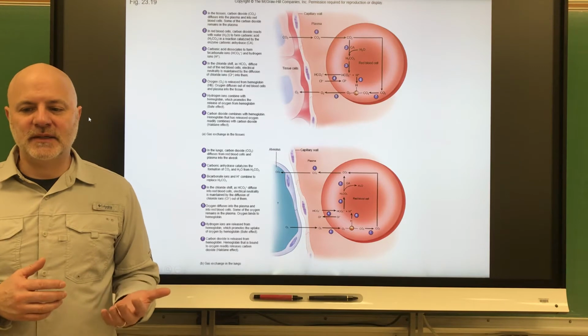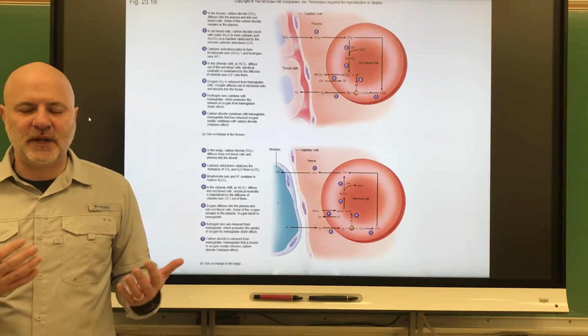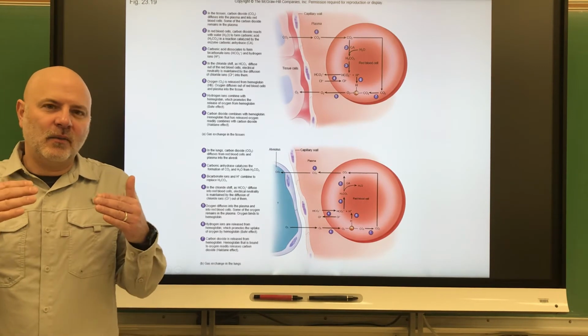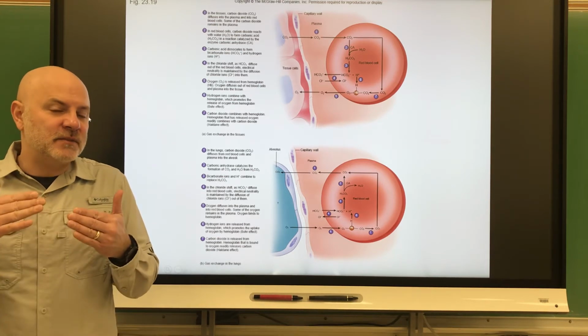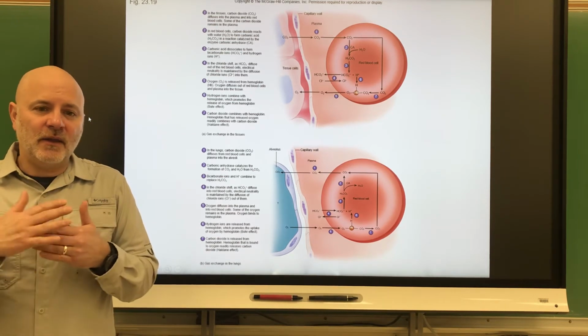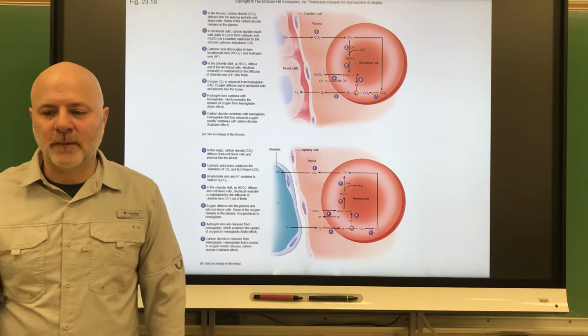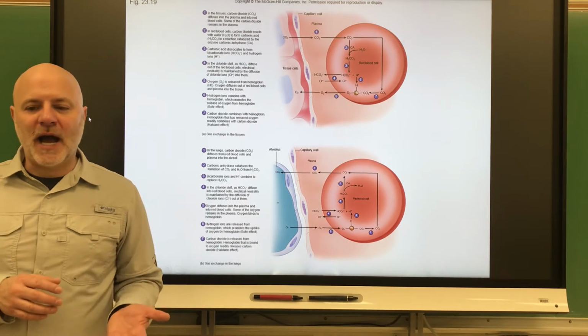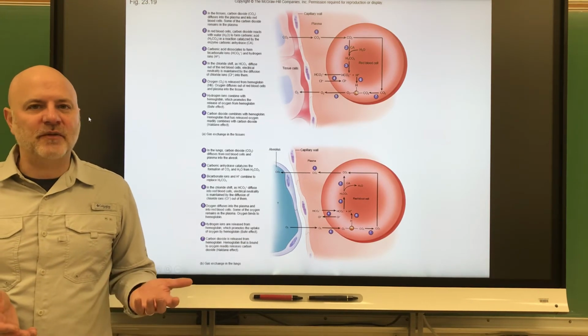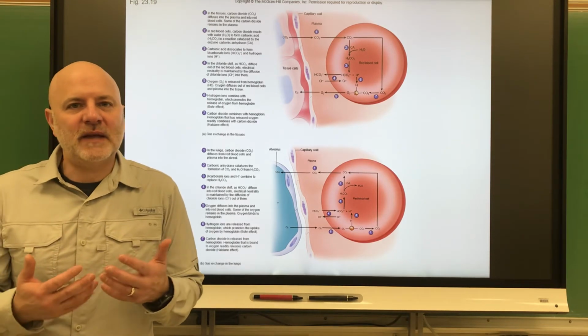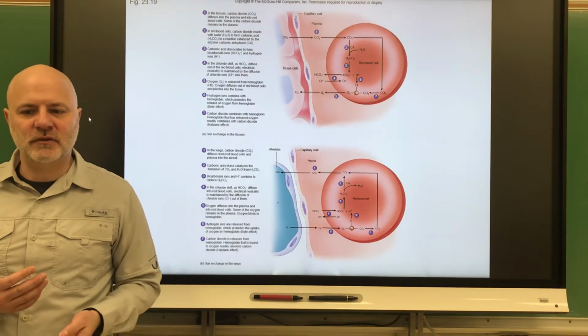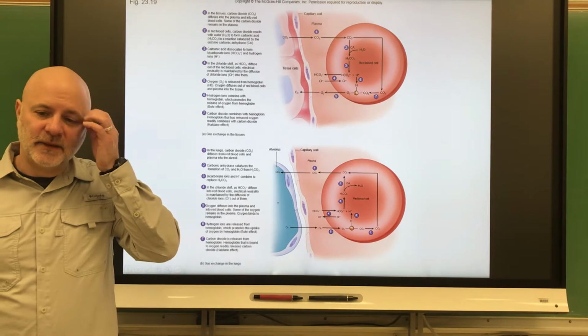This is due to imbalances in ventilation-perfusion coupling, where you're getting air into your lungs but mixing with the blood flow isn't working, or you have low oxygen in the air or problems with ventilation. So this would be somebody who has emphysema.